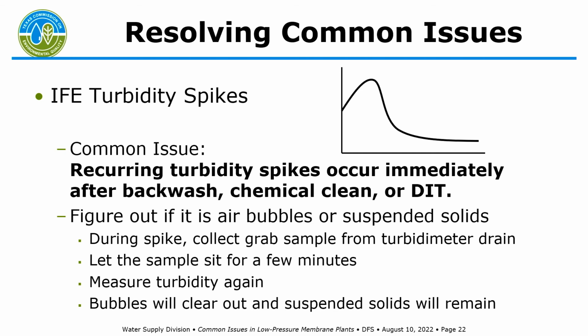When you see that, you need to figure out if this is air bubbles or suspended solids. And here's a brief little procedure. During the spike, collect a grab sample from your turbidimeter drain, let the sample sit for a few minutes, measure the turbidity again, and if it was air bubbles, the air bubbles will clear out.